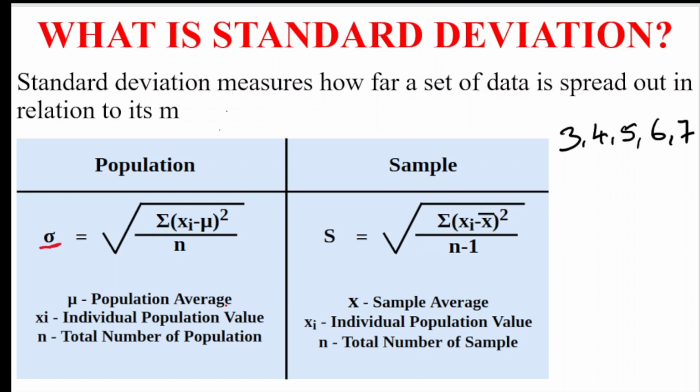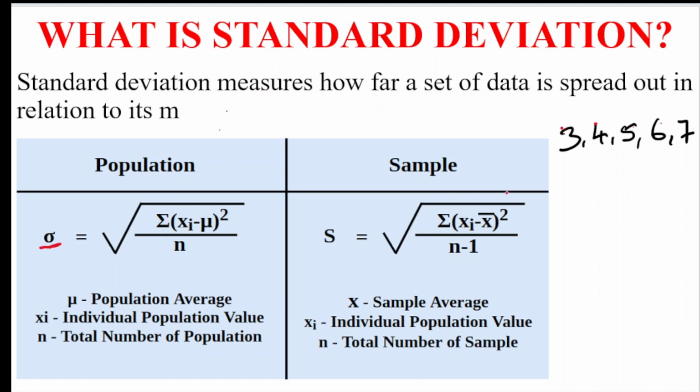Now, the formula for population standard deviation is the summation of individual population values. The example we gave earlier, we have 3, 4, 5, 6, and 7. When we say individual, we're talking about 3, 4, 5, 6 individually. The x represents the individual.